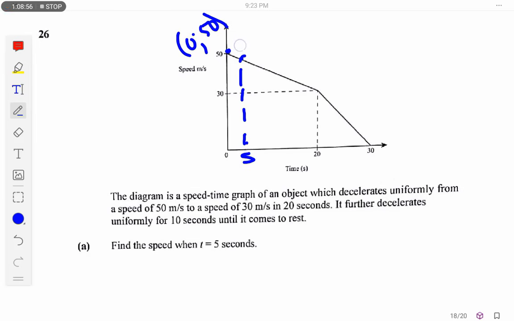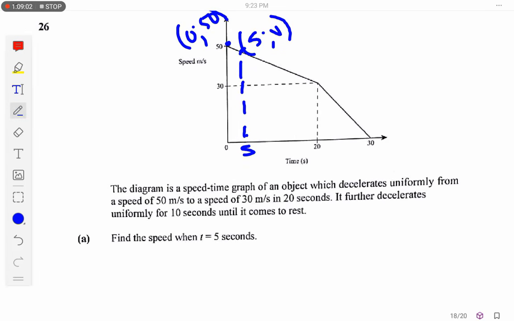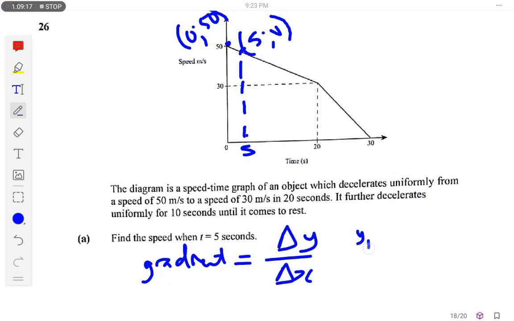At the second point I've got 5 and v. Okay, so I can find my speed using gradient. Gradient is equal to change in y over change in x. Someone can say y1 minus y2 over x1 minus x2, it is one and the same thing.